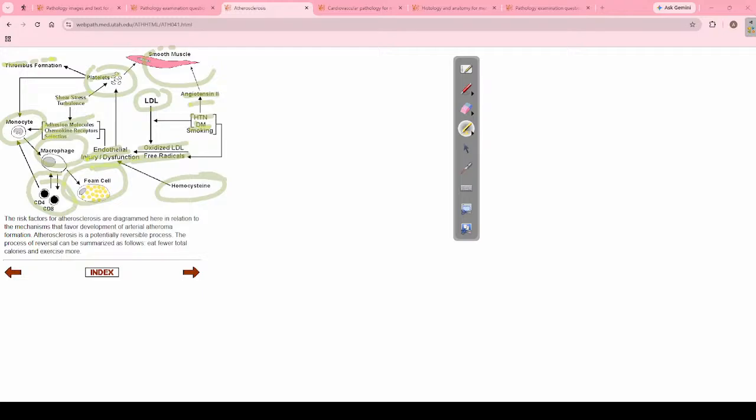So all of these three are involved in causing endothelial injury and dysfunction, which finally leads to formation of atherosclerotic plaques and fibrosis. And atherosclerosis is potentially a reversible process, usually by eating fewer total calories and exercising more.